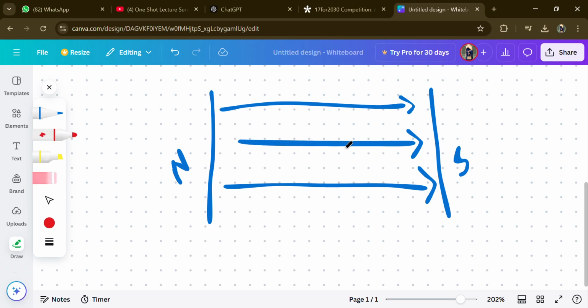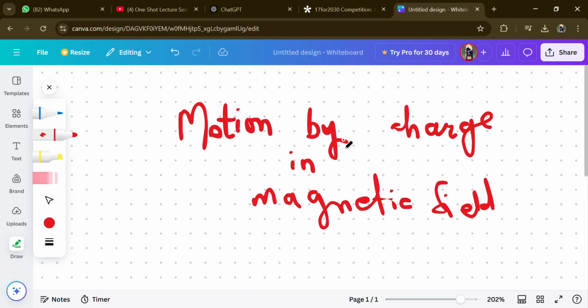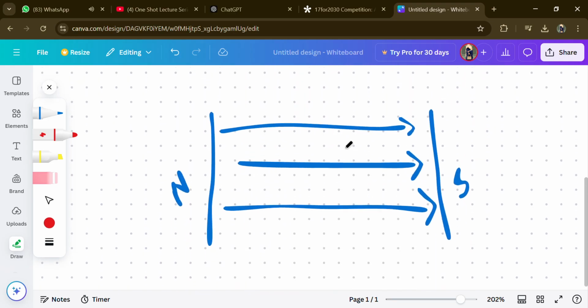At very first, as I stated, there are different terminologies and different situations when a charge is moving through the magnetic field. The first condition is that the charge is moving through this magnetic field, and the direction of the charge is straight, in between the north and the south pole.